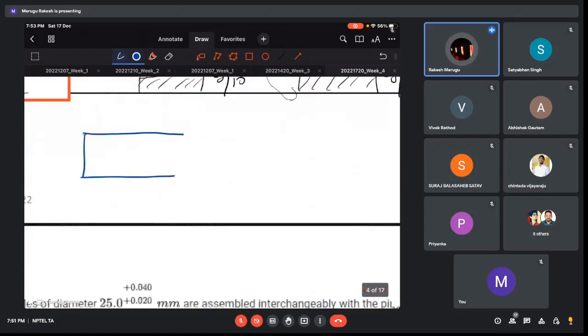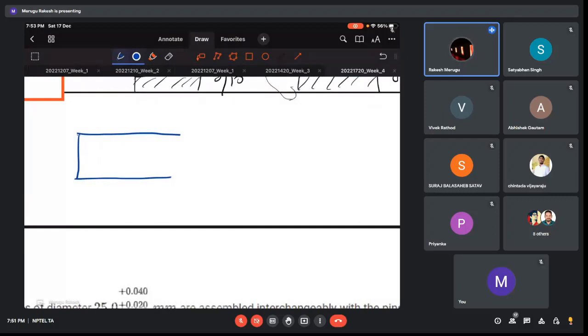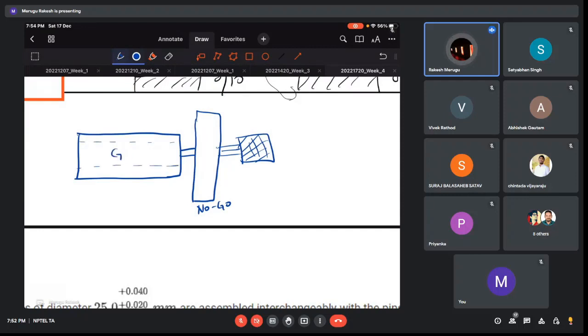I'll show you how these gauges look. Basically, what we do is attach both the go and no go gauges on one side with the handle. So this is the handle. This is the no go gauge, and this is the go gauge.